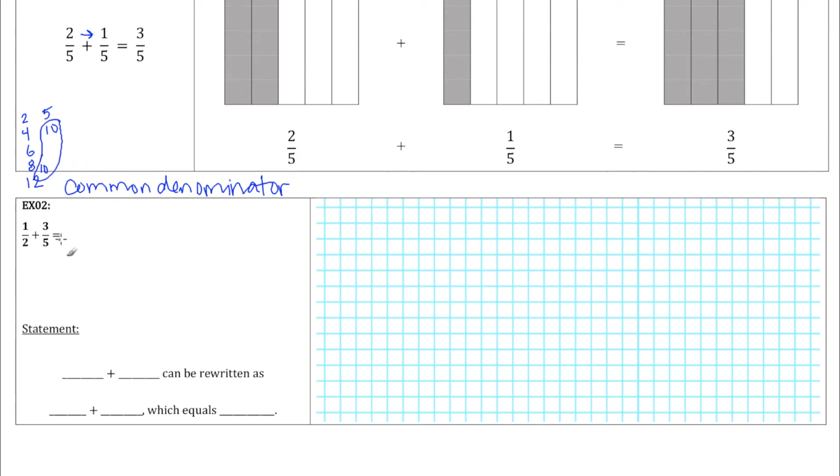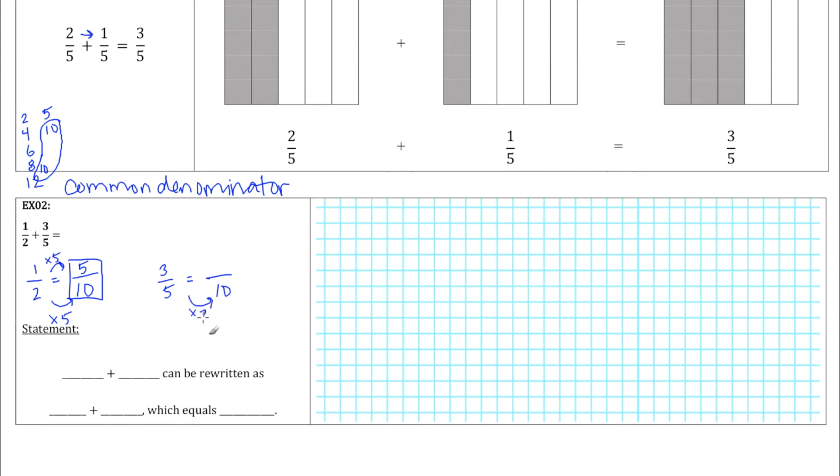Okay, so let's turn 1/2 into tenths. We need to multiply the numerator and the denominator by 5, and we get 5 tenths. And then we take 3/5 and convert it to tenths.